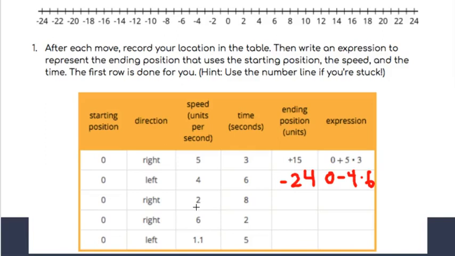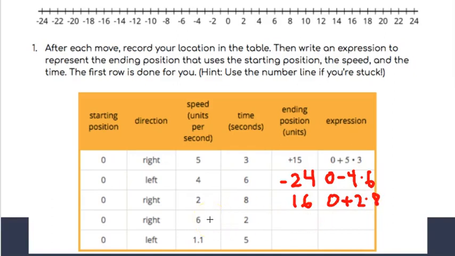Okay, so you should have those figured out by now. Let's go ahead and go through them. So, moving to the right at 2 units per second for 8 seconds. That's going to be 16, because we start at 0, and we're going to go positive 2 times 8.